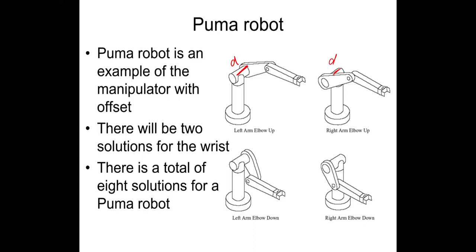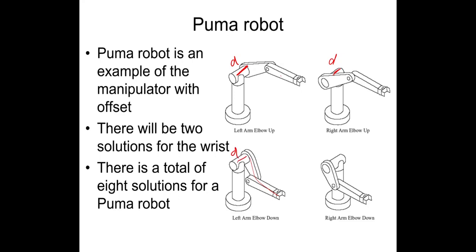Just use your own shoulder to think about it: this is your left arm, your left elbow, and this is your right arm. Now your elbow is down. Please try your own arm and see if you can do that. Again, this part is the length of the shoulder, which is D.